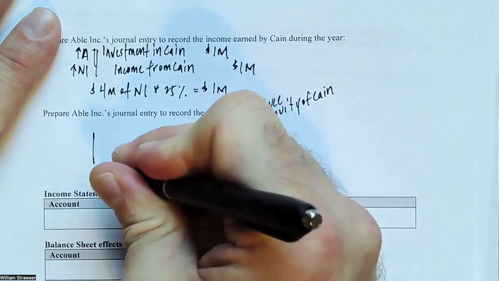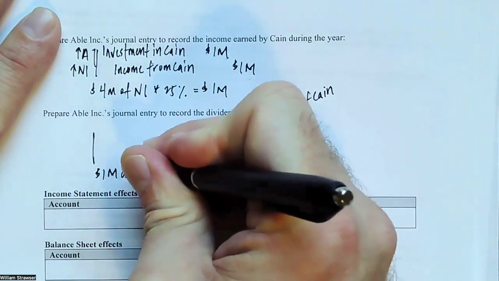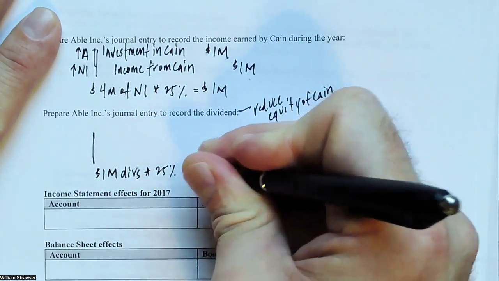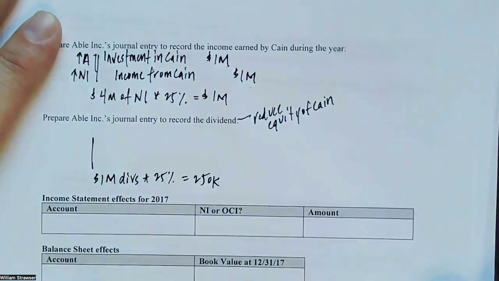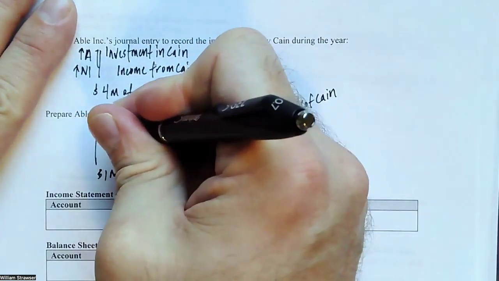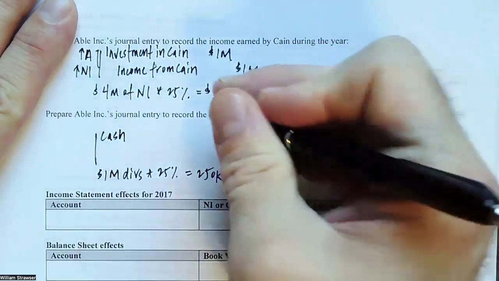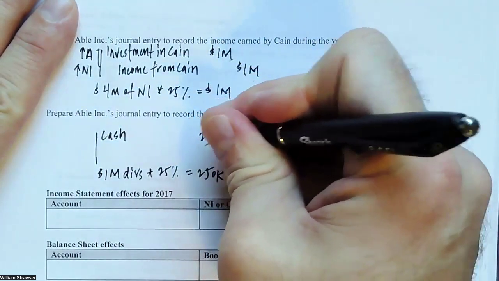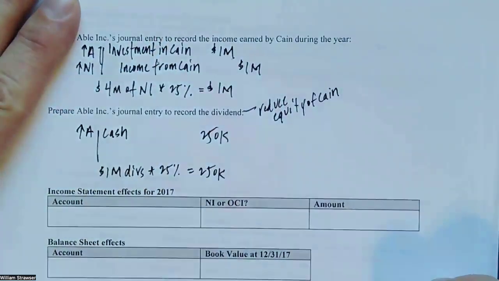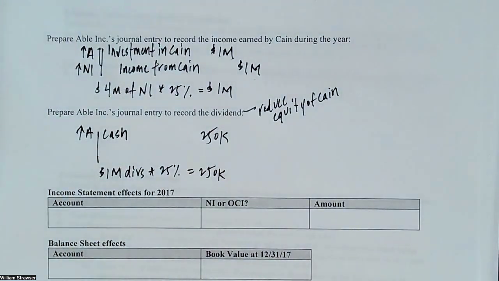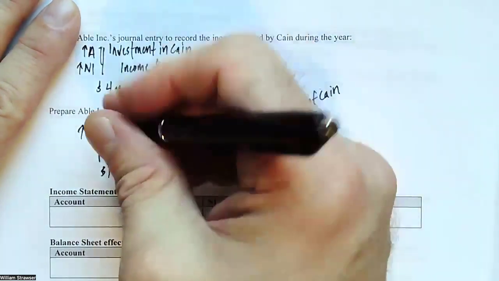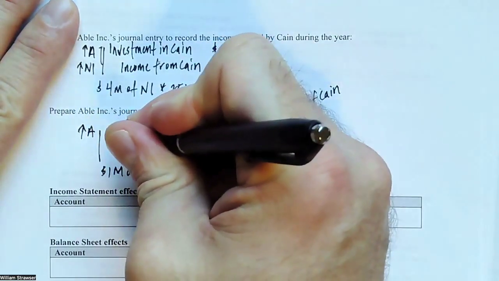And since I represent 25% of those shareholders, I record $250,000 of dividends from this effect. I receive that as cash because I am a shareholder, so those dividends are paid to me in cash. But I do not record revenue because I'm tracking this investment from the net asset perspective. And since it reduced the net assets of Kane, it's going to reduce my investment in Kane.